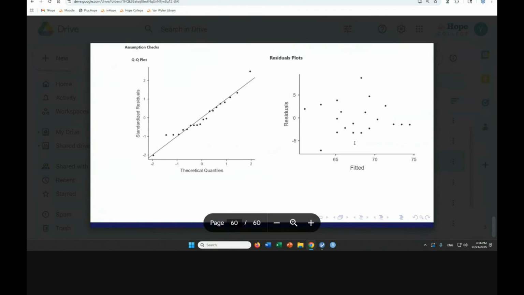Your dots are kind of close in the middle, but then they travel in an S direction away. Oh, this is bad. Right? You want it to hug the line. These are two graphs that you must know how to check. So you want to see things like that.